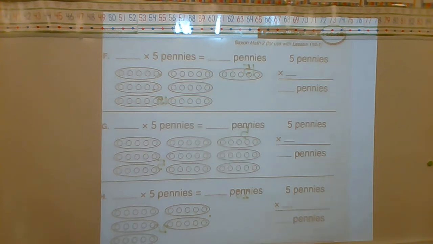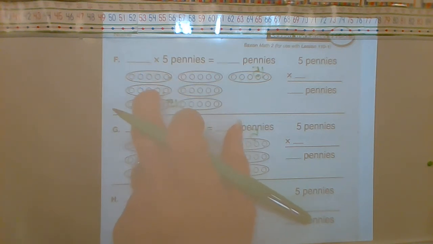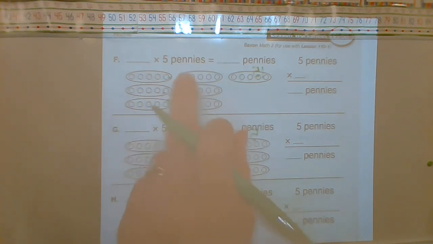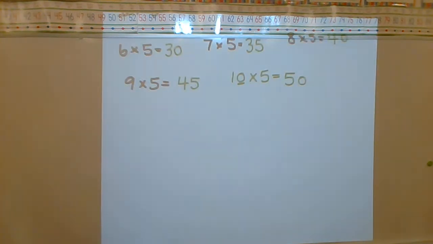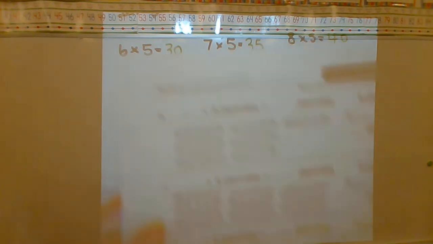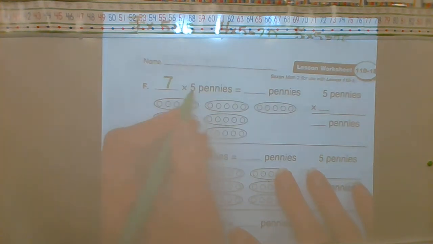It's amazing. Hey, wait a minute. Now we have to count the groups. How many groups do we have? 1, 2, 3, 4, 5, 6, 7. So here, let me get a different piece because that one, my pen soaked through. All right, we had 7 groups. 7 groups of 5 pennies.